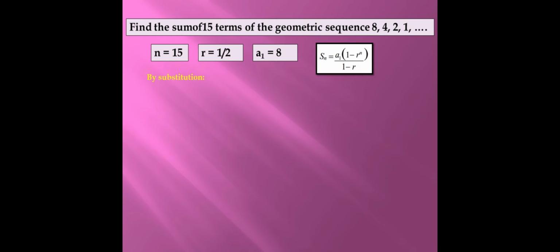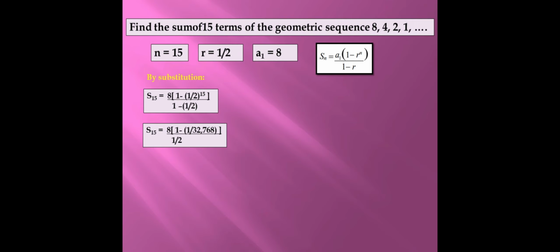By substitution, we have now S sub 15 equals A sub 1, which is 8, quantity 1 minus the common ratio 1 half to the 15, quantity, over or divided by 1 minus 1 half. Okay.